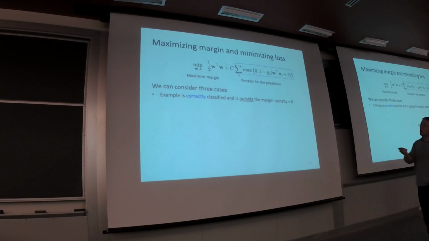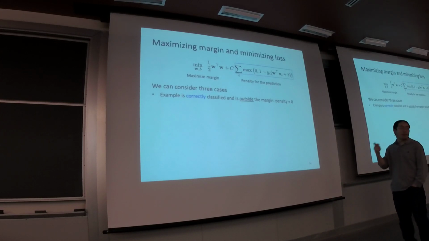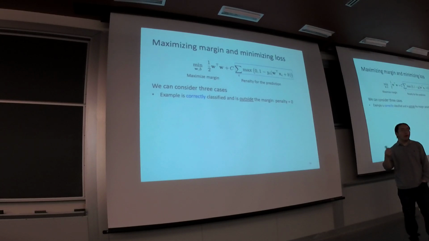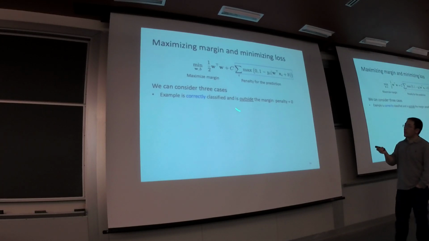First, we know it is correctly classified, so the function margin must be non-negative. And second, this example is even farther away from the classification boundary such that it's outside the margin. What does it mean?